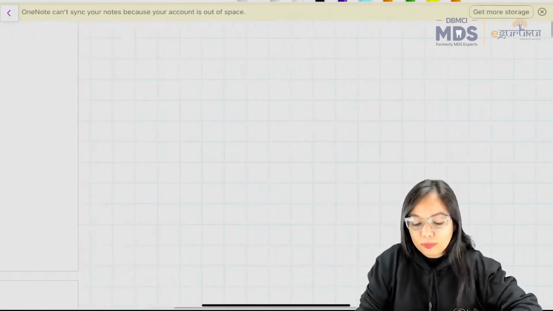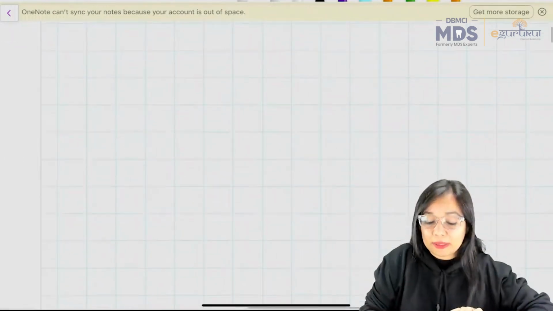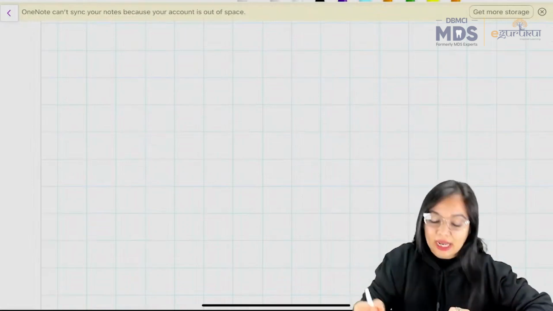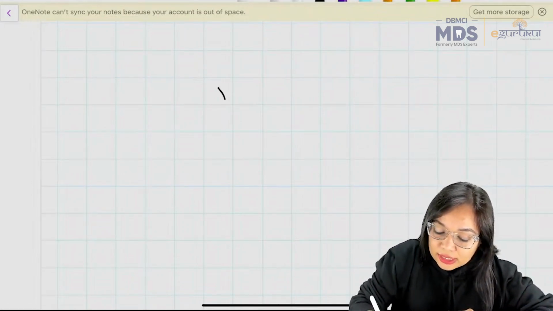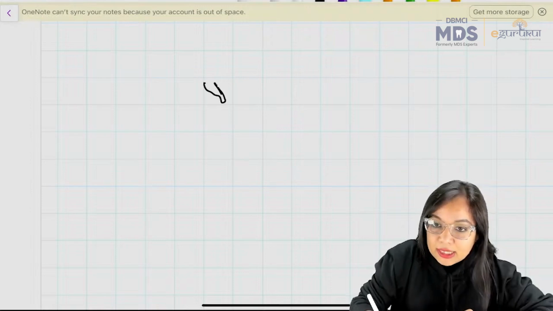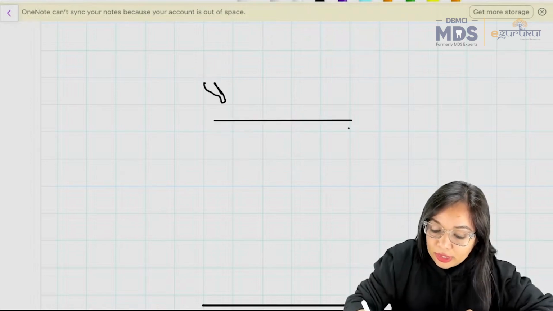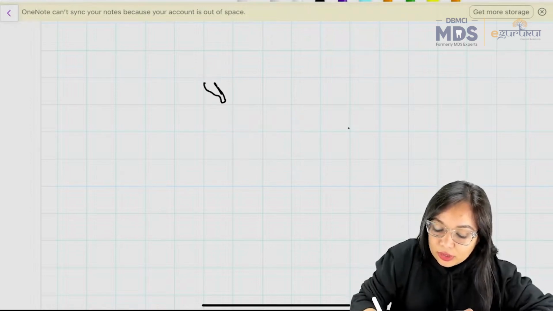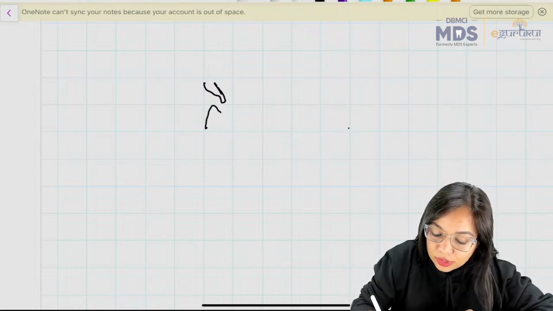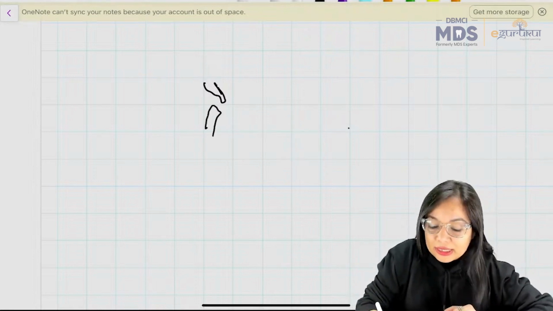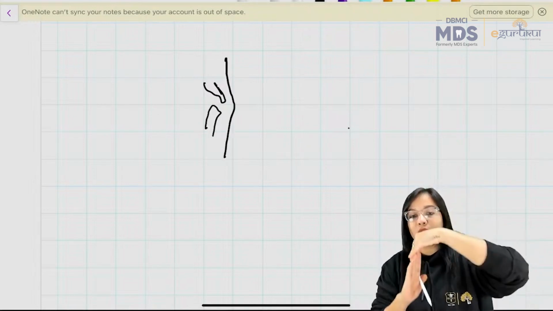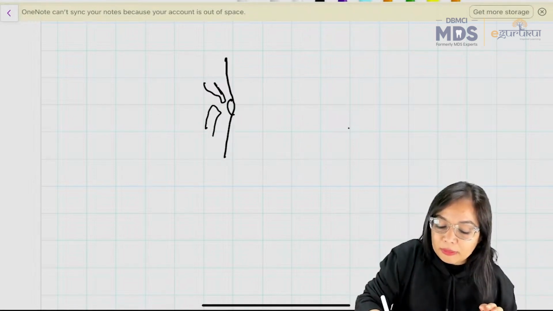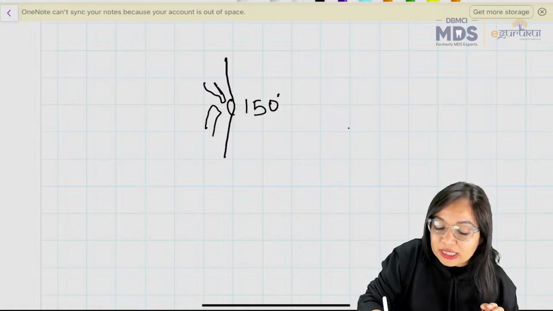I'll tell you how. So the first thing that happens is change in incisor angulation. Now the primary incisors, for example, these are the primary incisors. Please excuse my horrible drawing skills. So the angle in between the primary incisors is 150 degrees.